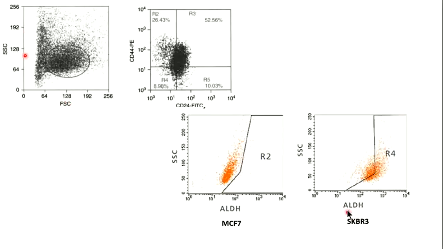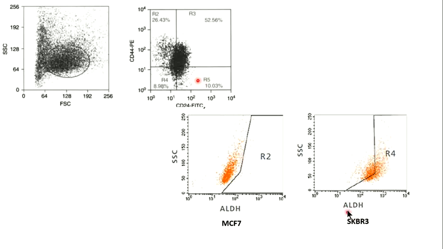You have FSC and SSC, select the area of cells, and on the x-axis say you have CD24 and CD44 on the y-axis. So these are double negative, these are double positive quadrant, these are positive only for CD44 and these are positive only for CD24.